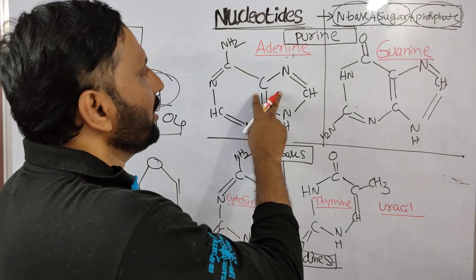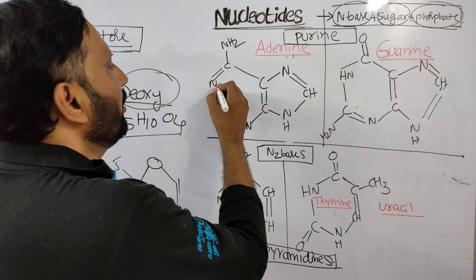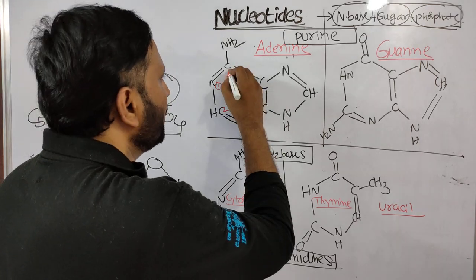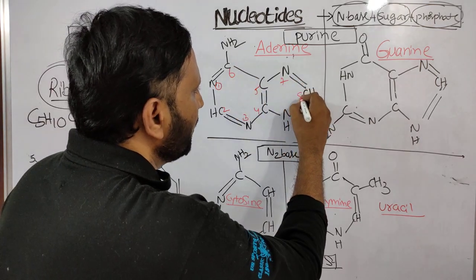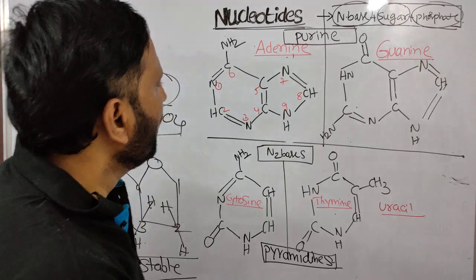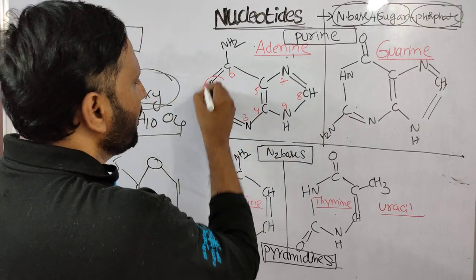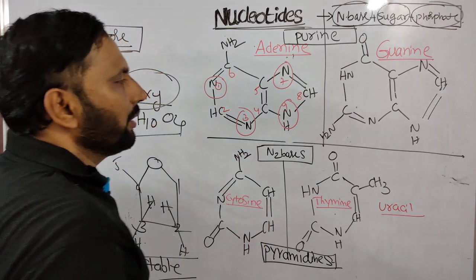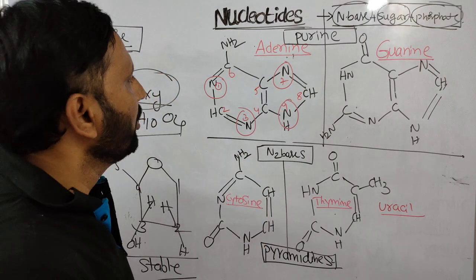Observe here in the purines: first position, second, third, fourth, fifth, sixth, seventh, eighth, ninth. At the first, third, seventh and ninth positions, nitrogen atoms are present.